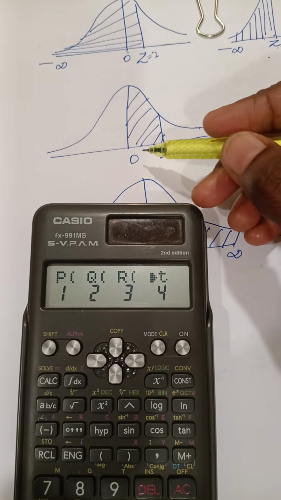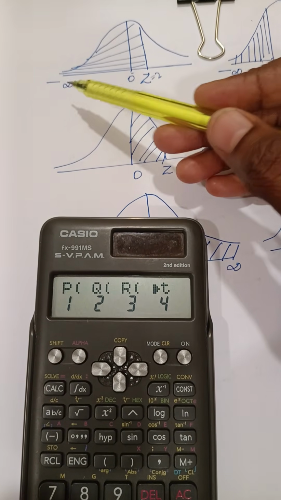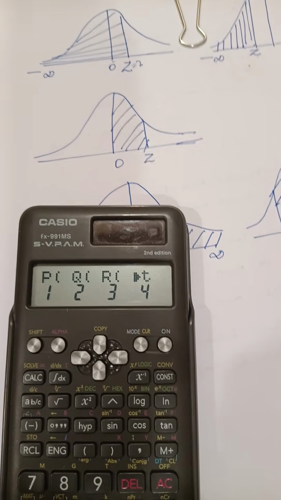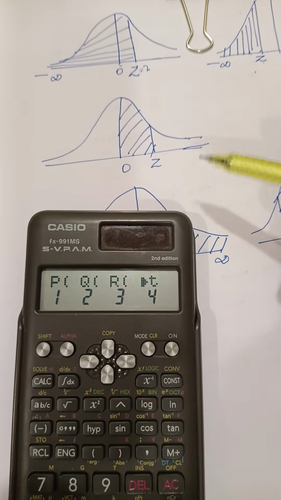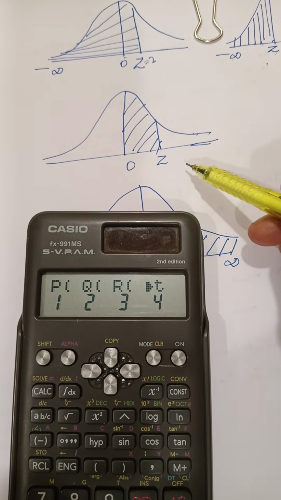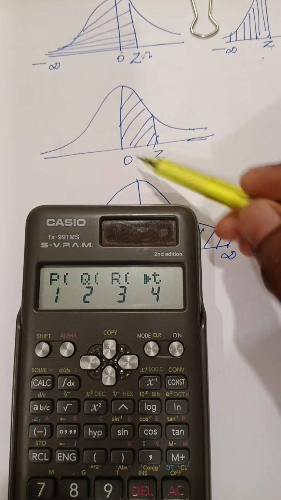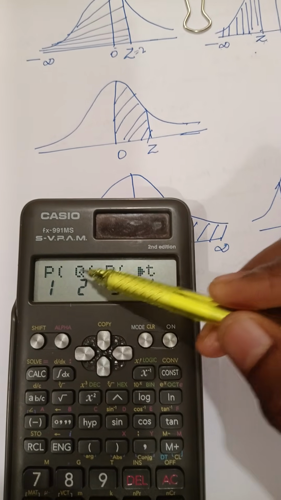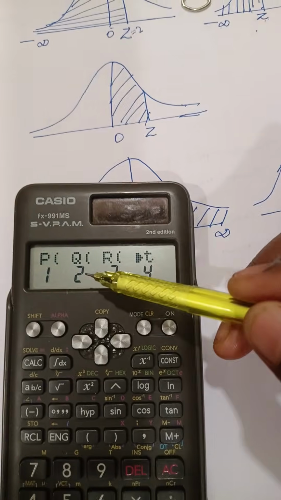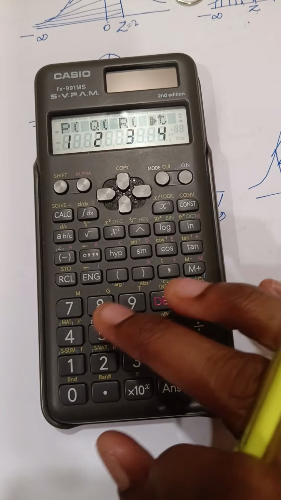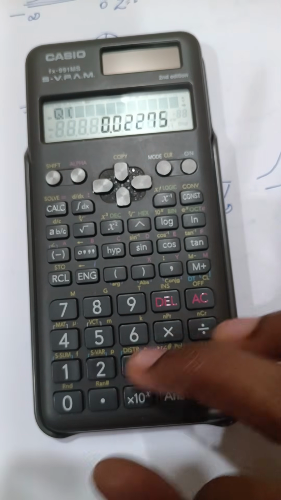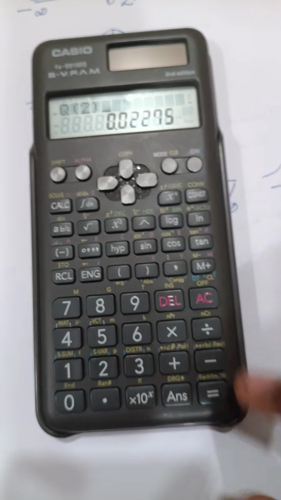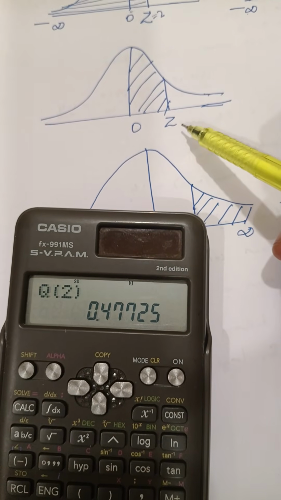There are tables available for finding minus infinity to Z and Z to infinity, but usually we use the standard normal table which is having area from 0 to Z. So if you want to find area from 0 to Z, you can use the number 2, that is Q of. So I am pressing 2. So Q of 2 will give you probability from 0 to Z equal to 2.